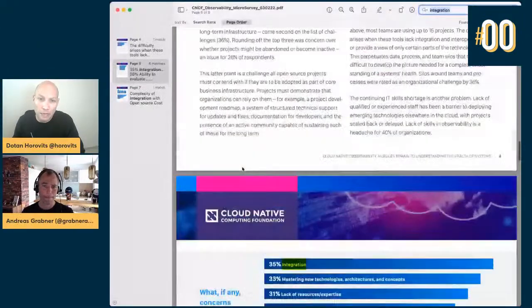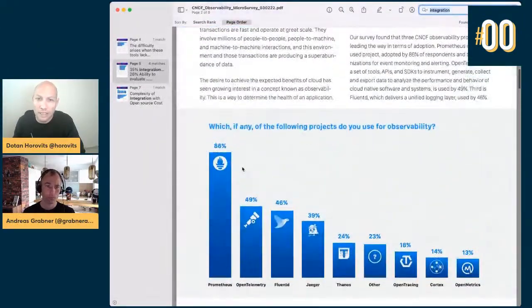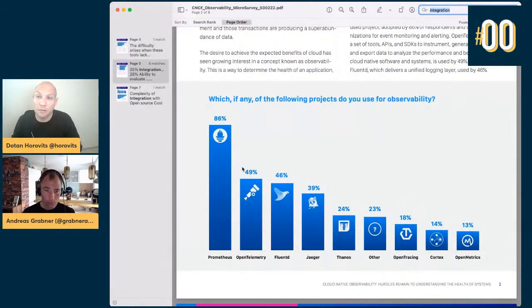One is about the platforms themselves. As you can see, the popular projects being used for observability weren't too much of a surprise for me, but I think it's a good validation. We can see Prometheus leading the charge with 86%, followed by OpenTelemetry, FluentD and Jaeger. All of these are projects that we've been discussing here on the Open Observability Talks podcast.